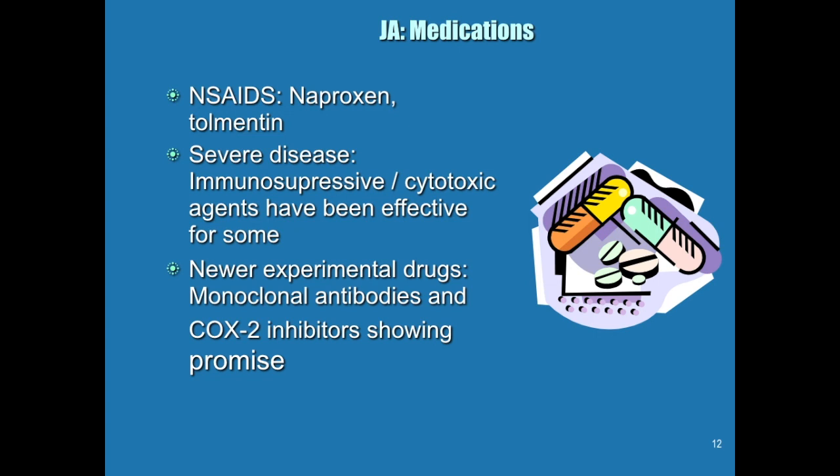They have a long half-life, so they don't have to be given during the middle of the night. The severe form of the disease will be on immunosuppressive drugs and cytotoxic agents. Sometimes they do not work. And then we have newer experimental drugs that might be used: the monoclonal antibodies and the COX-2 inhibitors. And this ends the lecture on juvenile arthritis.